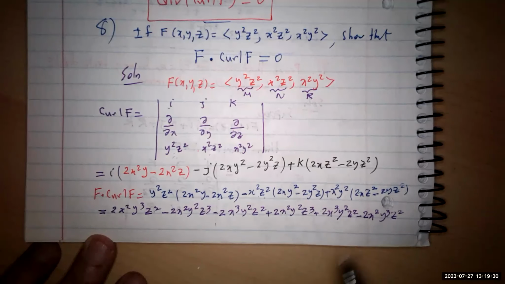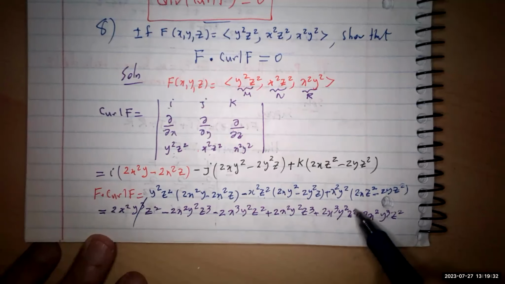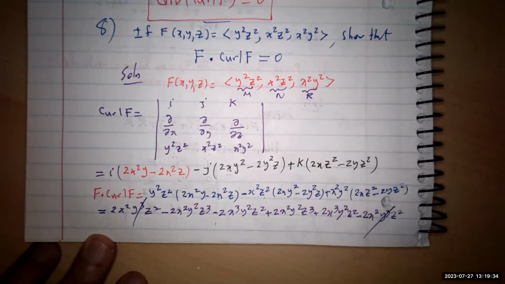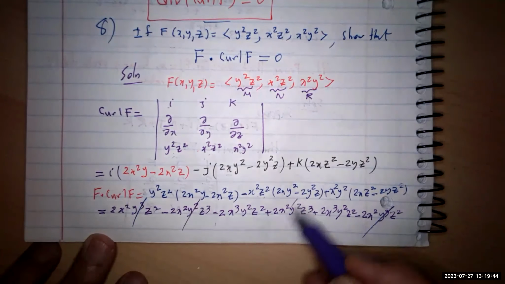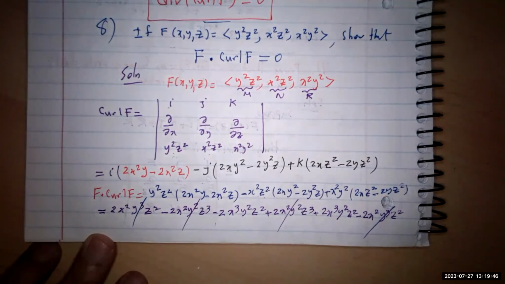These two are the same, so that would be cancelled out. Next, x squared y squared z cubed. These two would be cancelled out, and eventually the last ones are going to be the same. So yes, it is equal to 0.